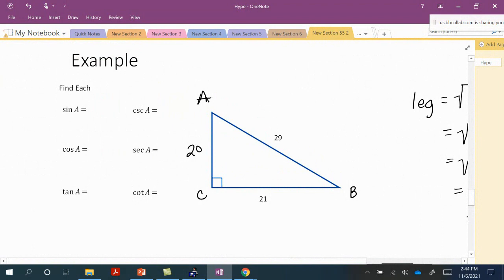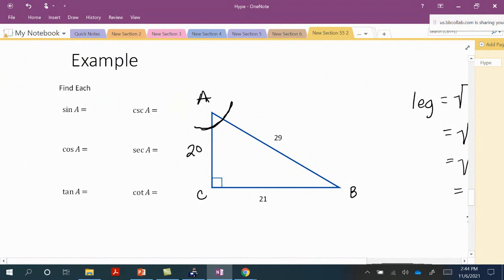Keep in mind from our geometric definitions, an acute angle is an angle that measures less than 90 degrees. Thus, in this right triangle, there are 2 reference or acute angles, angle A and angle B. Since we want the 6 trig functions of angle A, we're going to use A as our reference angle.